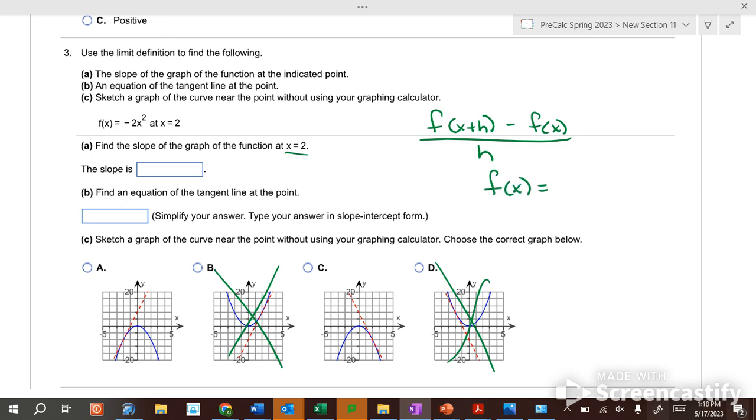If our function is negative 2x squared, we can use what is called the power rule and skip over this darn thing. I just made you learn it the hard way. The power rule says take this times this and lower the power by 1. So the first derivative at this point would be negative 4x.